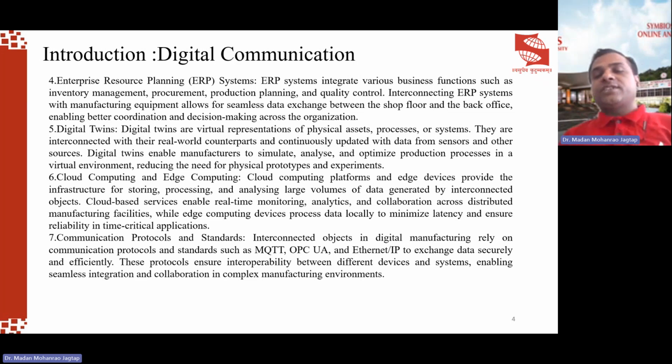Again, OPC UA is another protocol, and Ethernet IP is another protocol to exchange data securely and efficiently. So there will not be a data breach when we use these protocols. They secure the data. These protocols ensure interoperability between different devices and systems, enabling seamless integration and collaboration in complex manufacturing environments.